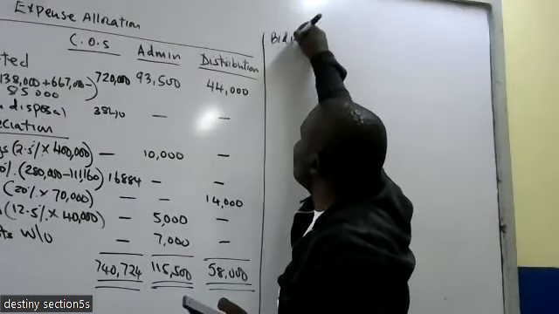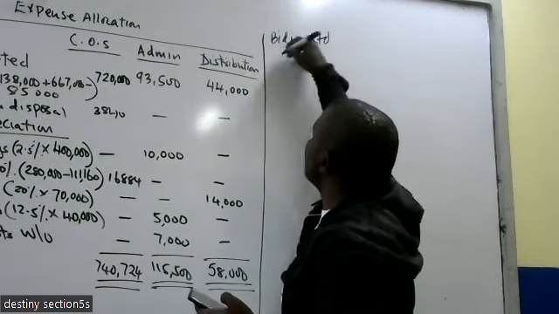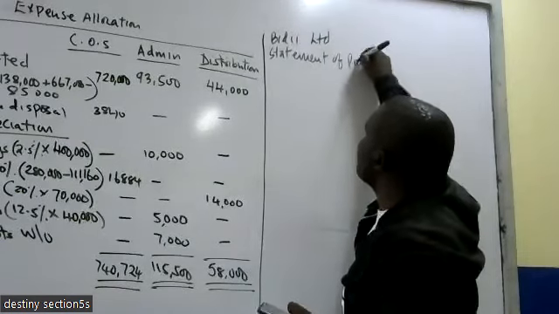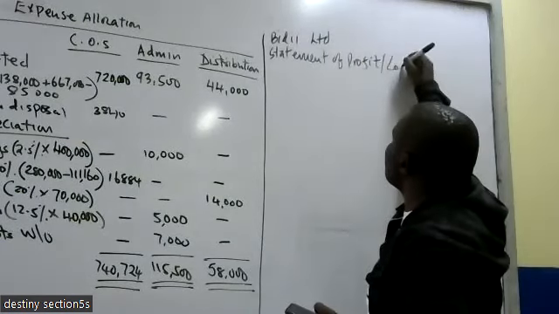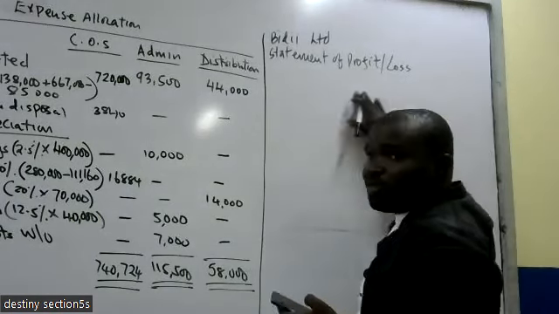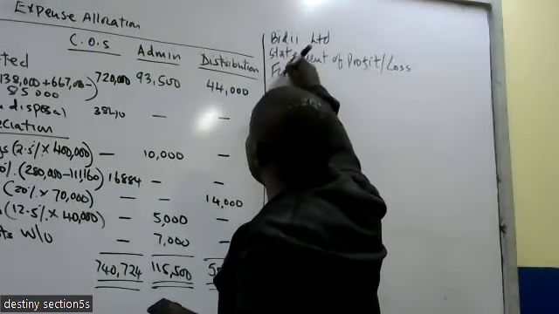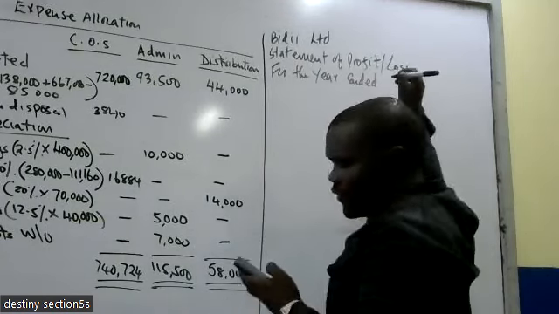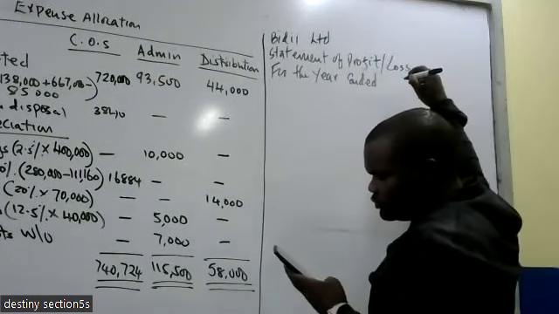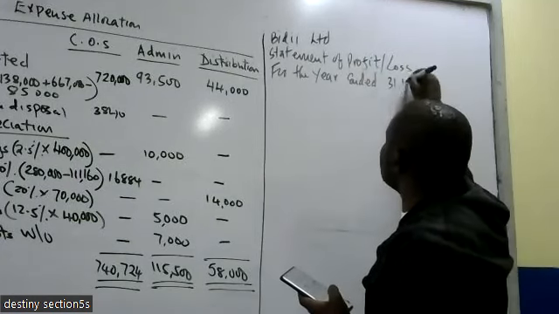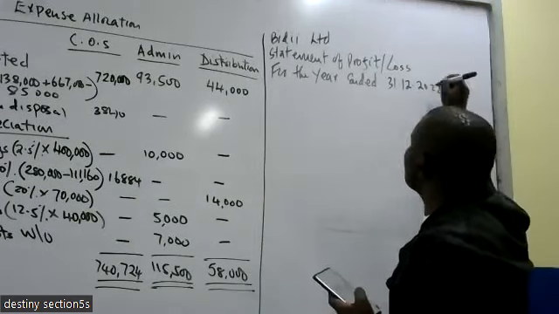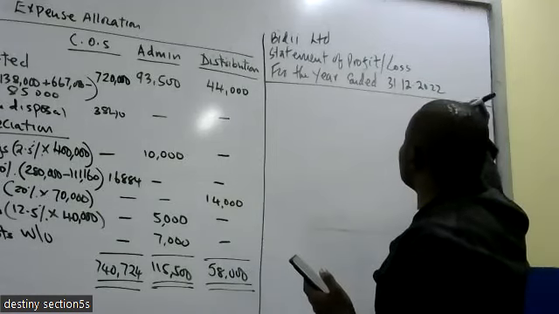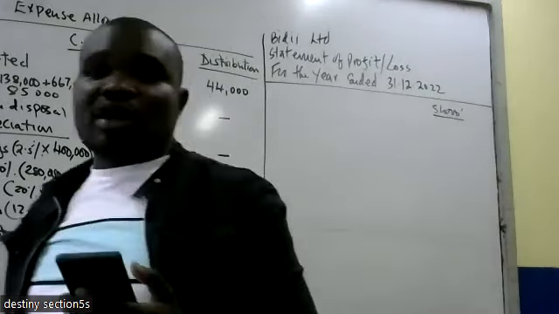So right there, BD Limited, statement of profit or loss for the year ended 31st December 2022, like that. One column, shillings in thousands. So how that one column?